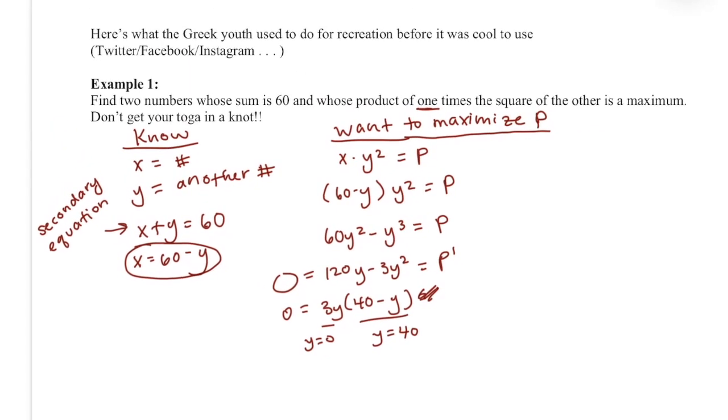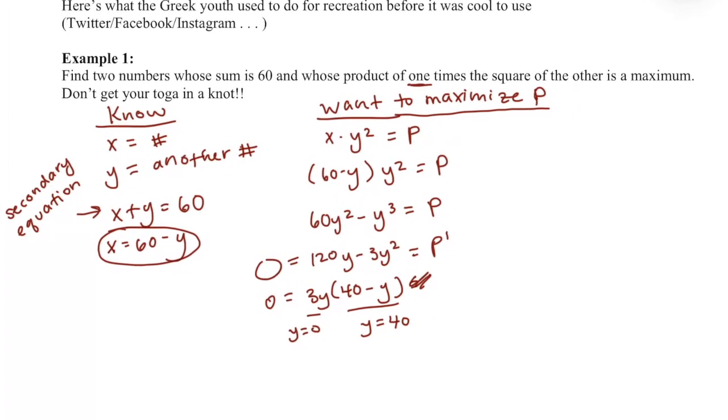So in this case, I need to think about the domain that I have. I can't have y values less than 0. Essentially, the domain here is 0 to 60, since 60 is my maximum number. And since y equals 0 is on an endpoint, I'm not going to include that one. So my y value is going to be 40.